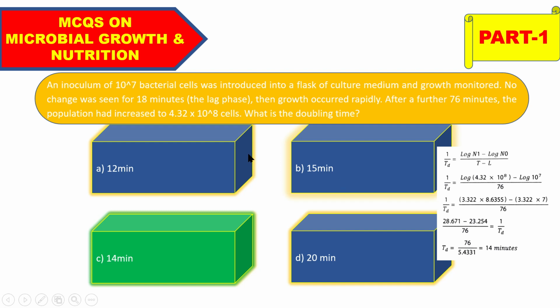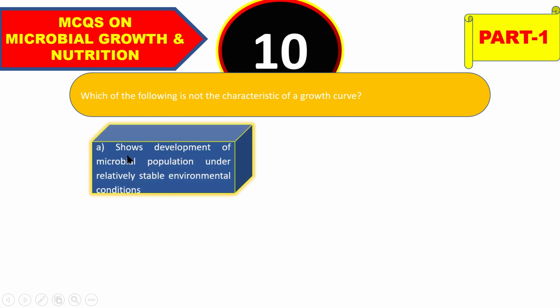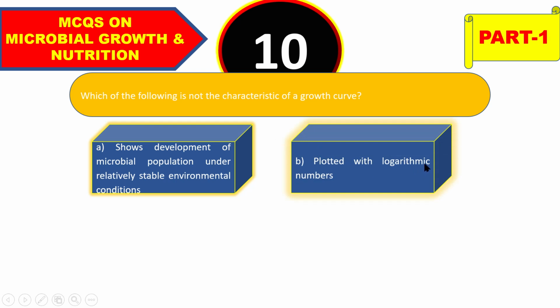Okay, so move on to the next question, that is, which of the following is not the characteristics of a growth curve? First is, shows development of microbial population under relatively stable environmental conditions. Next, plotted with logarithmic numbers.